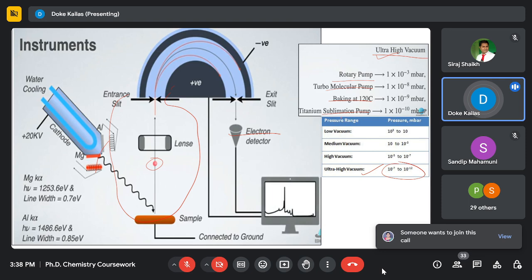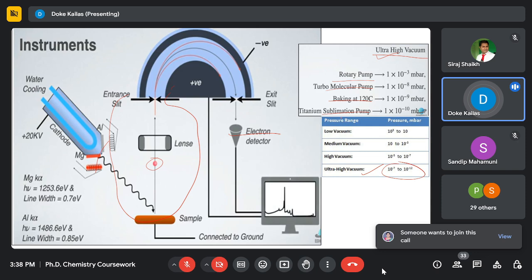So this is the most important condition in X-ray photoelectron spectroscopy. Any air medium or any material that is present will interfere with the analysis technique. And nowadays it is possible to create ultra high vacuum in instrumentation techniques.